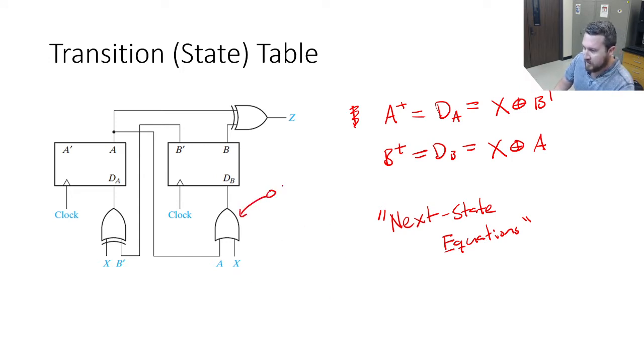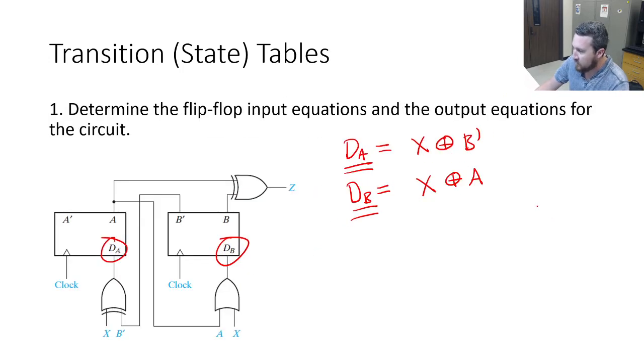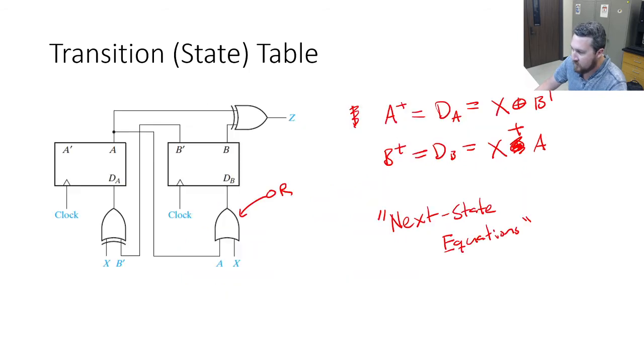That is an OR gate, which means it should be X or A. Good catch, Cody. All right, so everybody see that difference there? That's an XOR gate, but that's just an OR gate, so it's X or A.